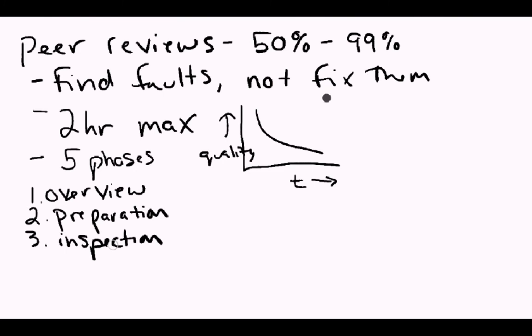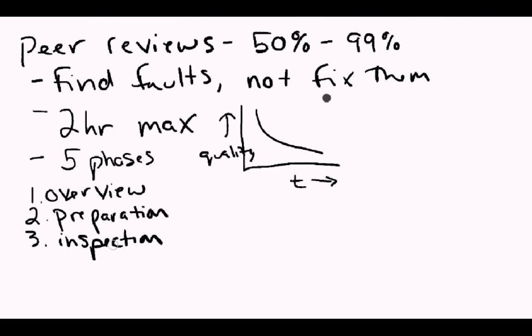So that person, and this is usually not the author, will read the code one line at a time from top to bottom. And then if any of the other reviewers has something to say, they'll interrupt the reader and maybe ask a question or ask for clarification. And that's basically how it goes.